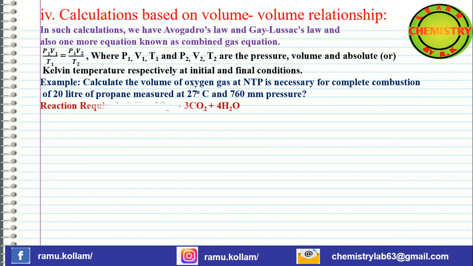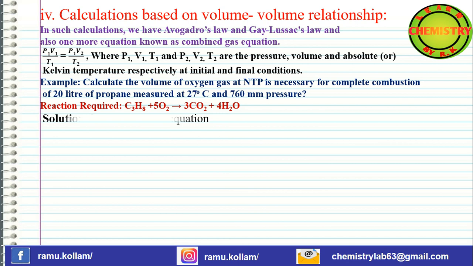See friends, first we need the reaction equation for this combustion. The substance reacts with oxygen and gives carbon dioxide and other products. In the same way, propane C3H8 plus oxygen O2 gives carbon dioxide and water. After balancing the chemical equation we get: C3H8 plus 5O2 gives 3CO2 plus 4H2O.